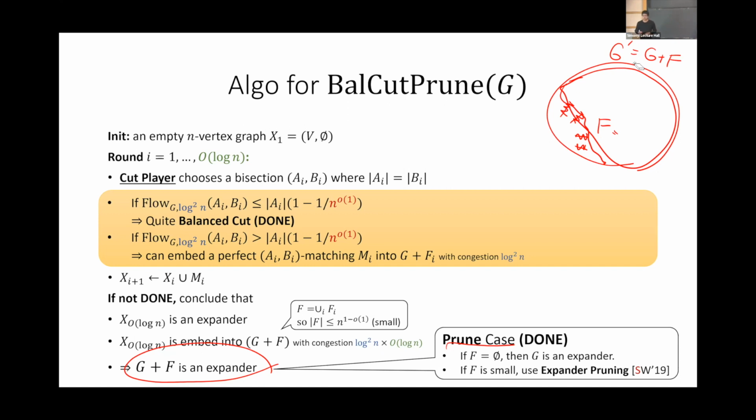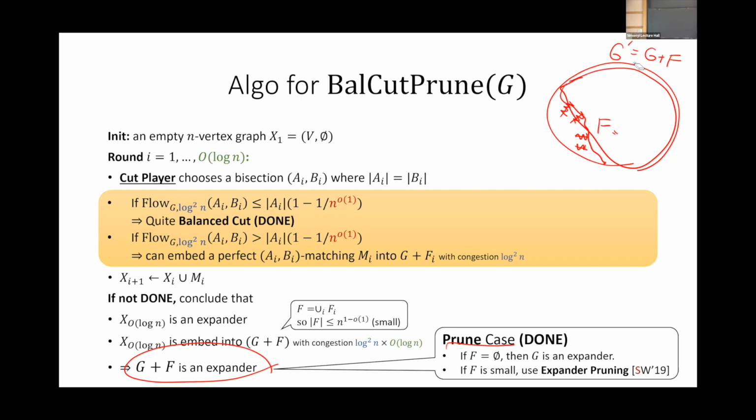So you prune a set of vertices P, but the size of P is kind of the same as the size of F. Size of P is close to F, but F is small, because the fake edges in each round are going to be super small.